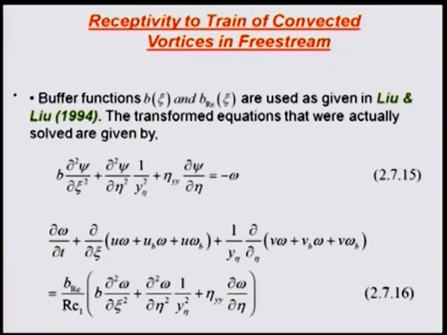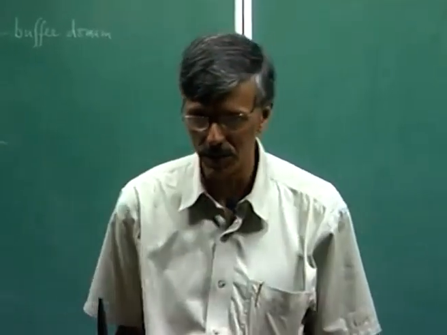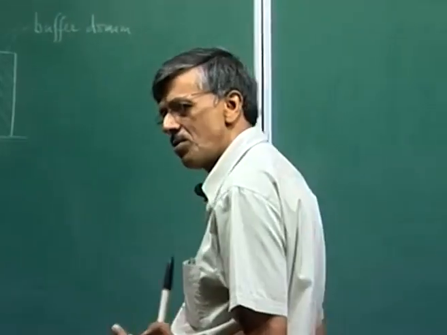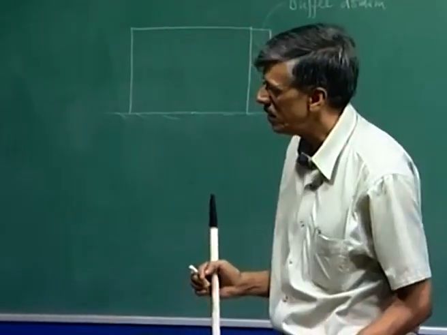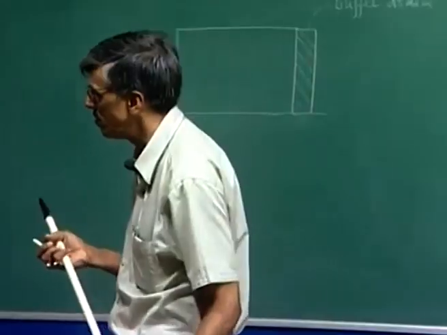Okay, so this is the form of equation that we actually would be solving for the disturbance quantity. There are certain things that we would like to note here. For example, from the boundary layer property of viscous flows, the streamwise diffusion is weaker than the wall normal diffusion.